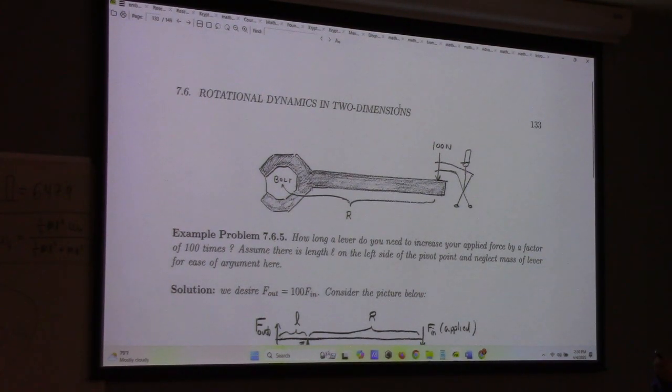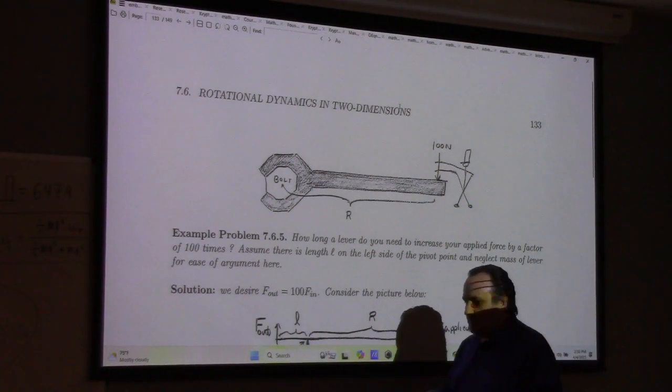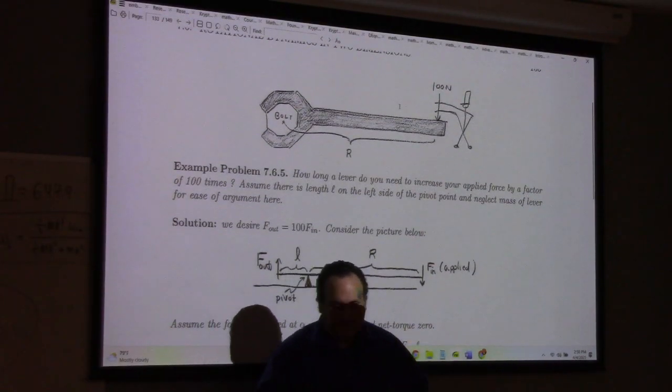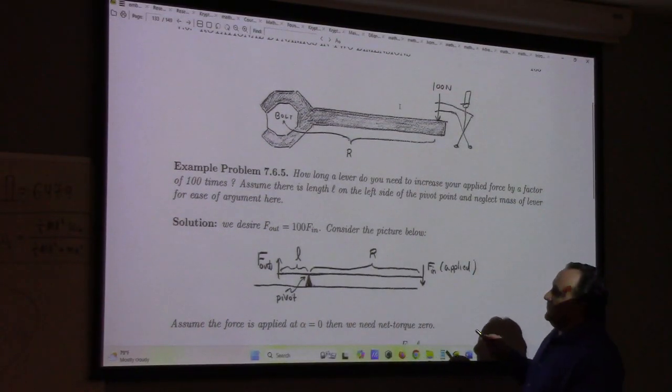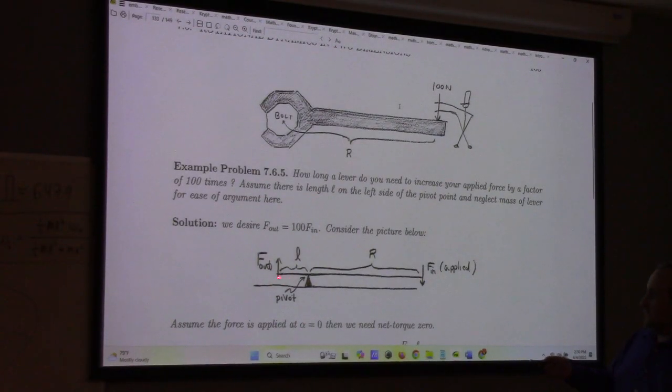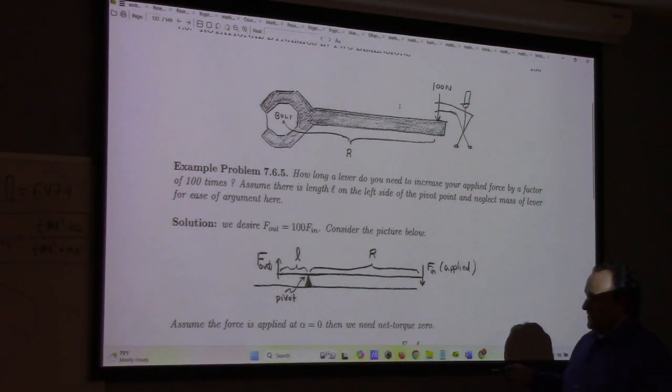If you think about it, you have to have 100 newtons here, right? But you have to apply it over a longer distance to create the same change in angular momentum, right? So I have a picture down here that's kind of instructive. If we want our output force to be 100 times our input force, then we need something like this. You could figure out what L and R need to be. I work it out down here, right?